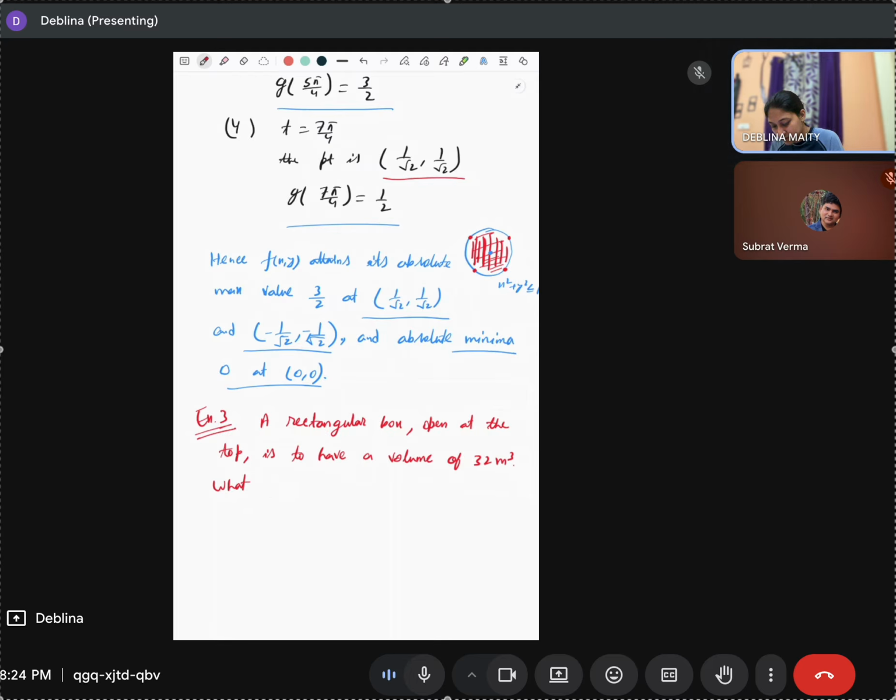Then what must be the dimensions so that the total surface area is minimum?